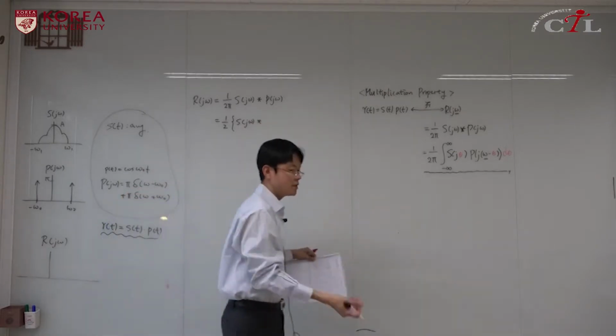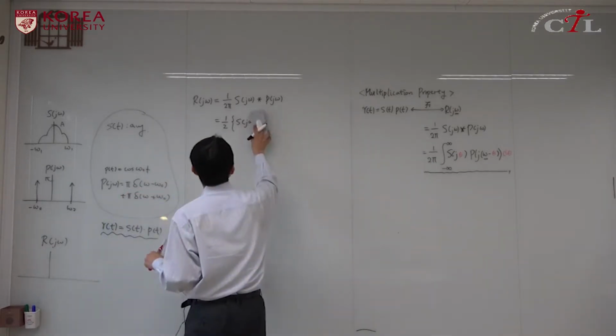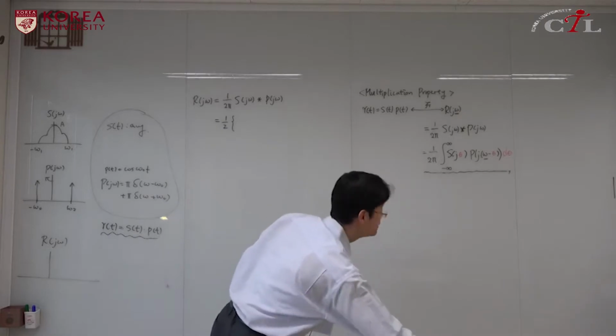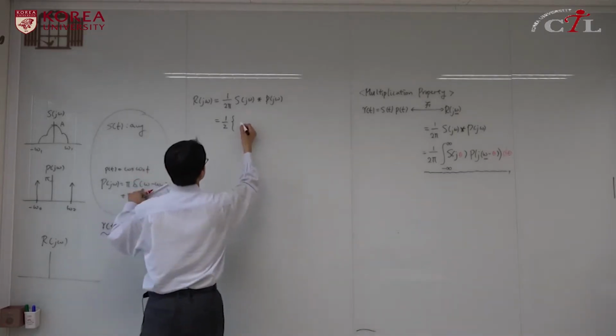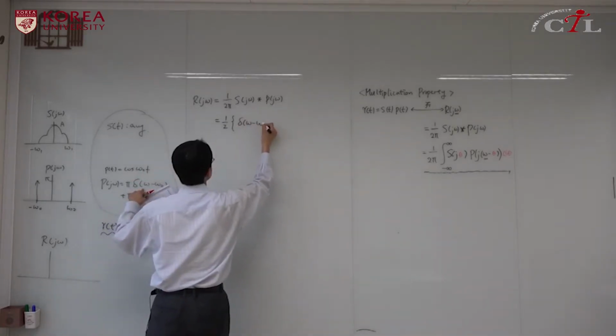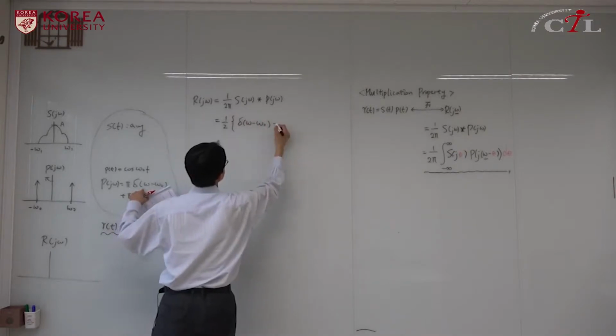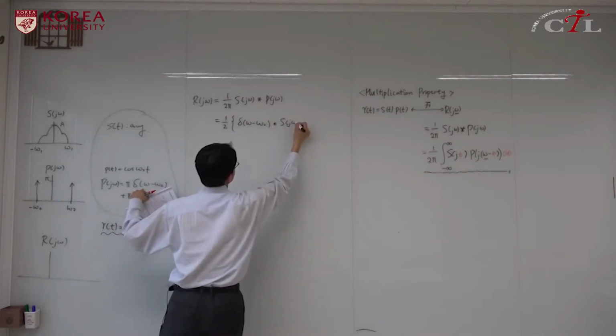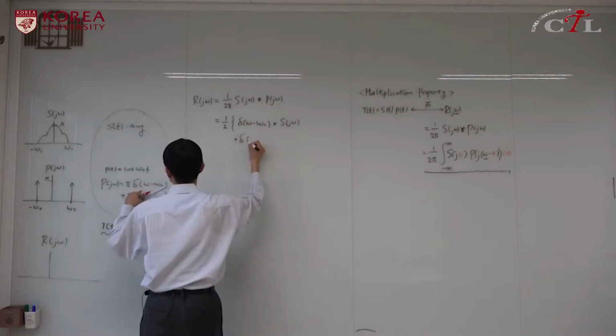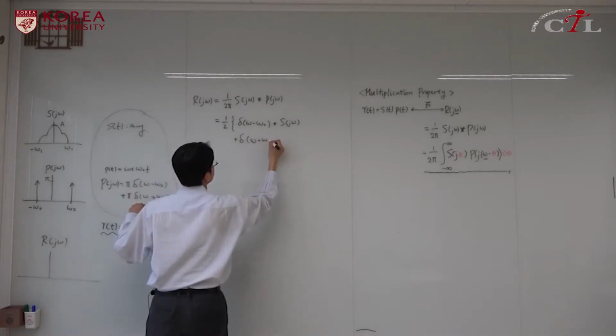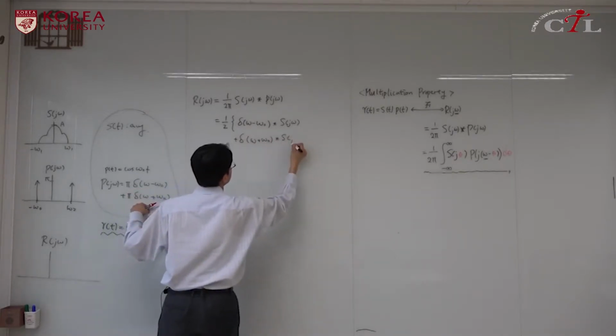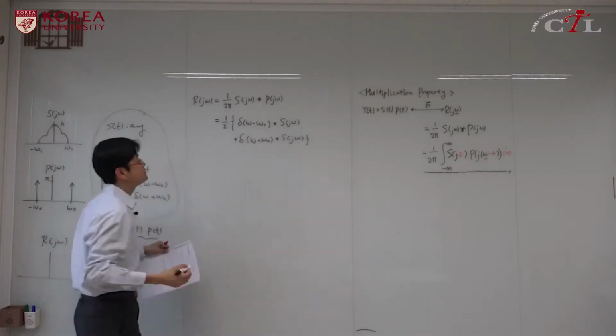Okay, let's write delta first. It's commutative, so delta(ω minus ω0) convolution S(jω) plus delta(ω plus ω0) convolution S(jω).